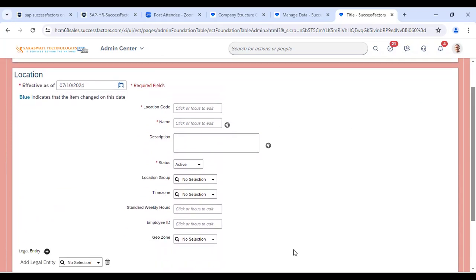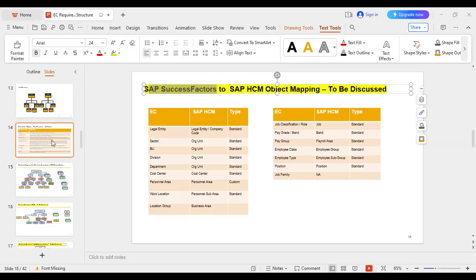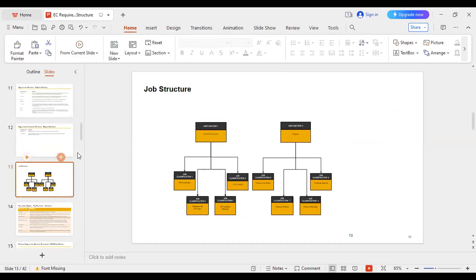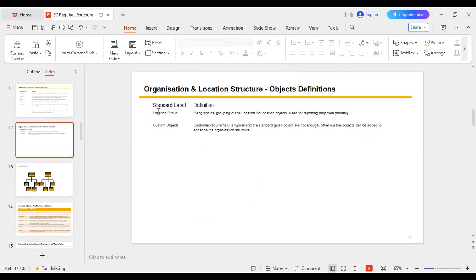Again coming to the point on the PPT. Here I covered the org structure. Afterwards we have the location group, which I told you about. Some companies group different locations under one location group.